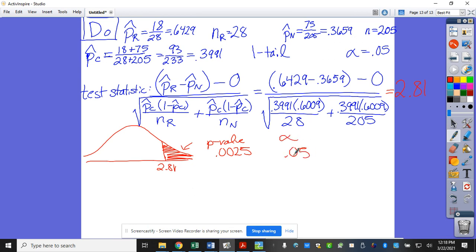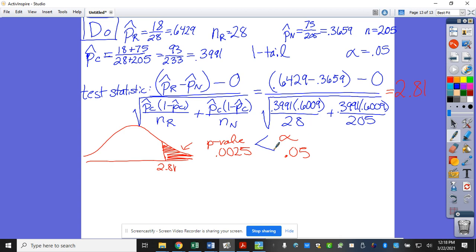Versus my alpha of 0.05, and I put what symbol in between? Which means, going on to conclusion but not writing it right now, we reject the null hypothesis that PR minus PN equals 0 since the p-value is less than alpha.